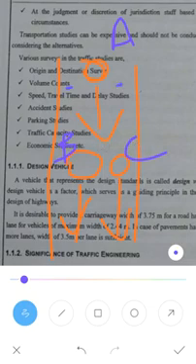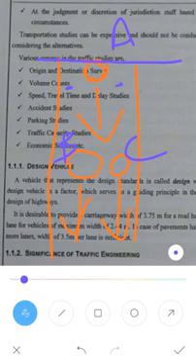Consider this is the crossing point. The 5000 vehicles which cross this point of the traffic is known as 5000 passenger car units, PCU. That is how to calculate this unit.